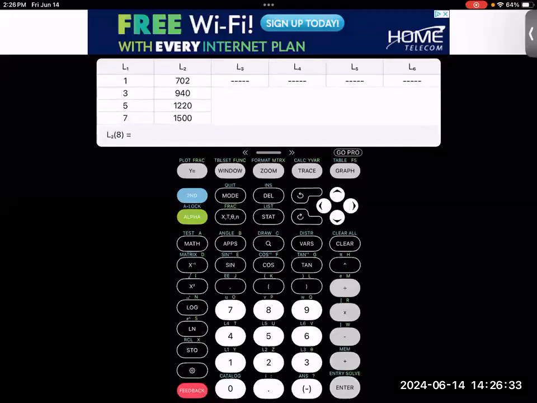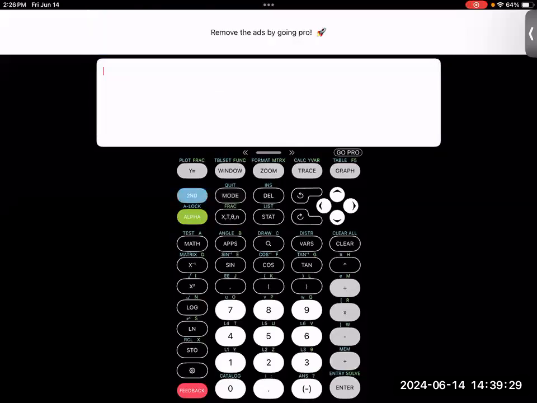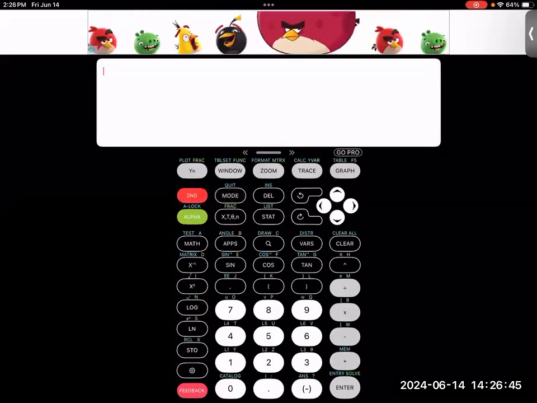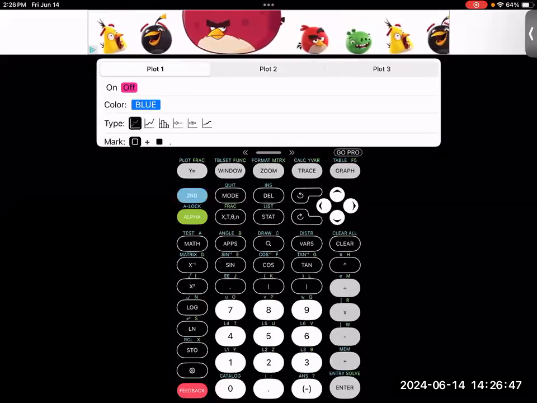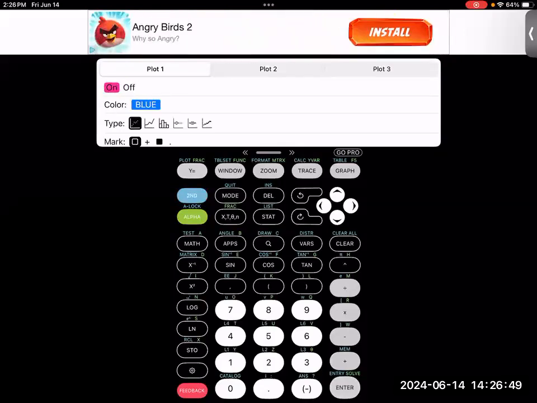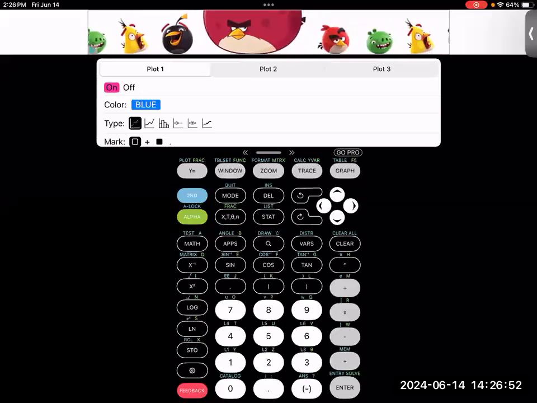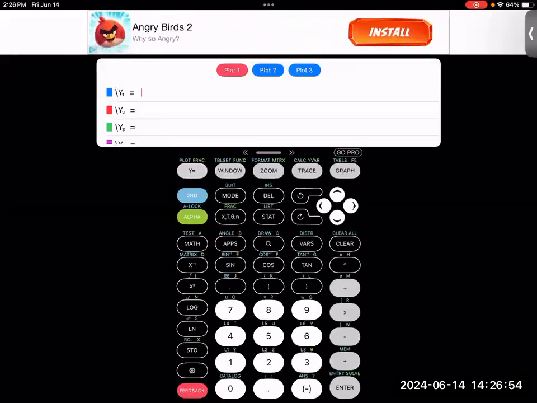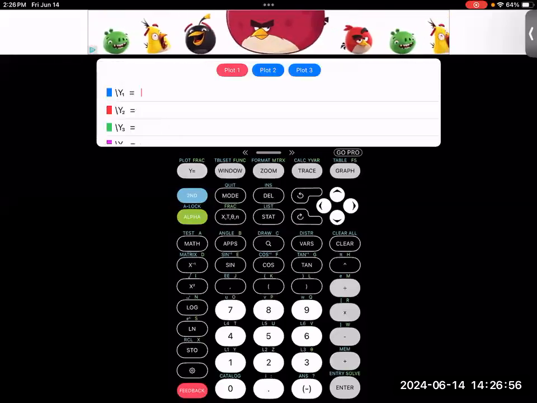All right, so now that we've gotten everything in your list, let's make sure your scatter plot is turned on. I'm going to go back to a cleared screen by hitting second mode, second y equals. Notice mine is off, so I'm going to have to flip it on. I also want to double check that nothing is in the way when I'm looking at y equals.